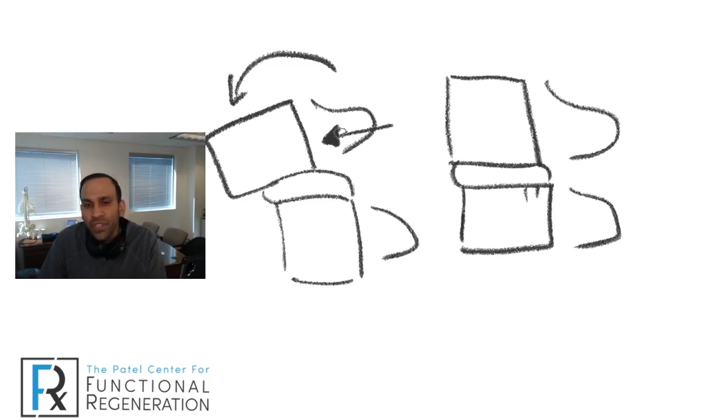But if that slippage increases from a grade 1 to a grade 2, or a grade 2 to a grade 3, this is a sign that those vertebral bodies are not staying stable. There's too much motion going on, and that might be causing an increased risk of damage to the nerves that travel right past these discs and go down the legs.